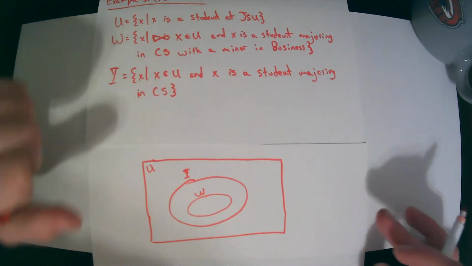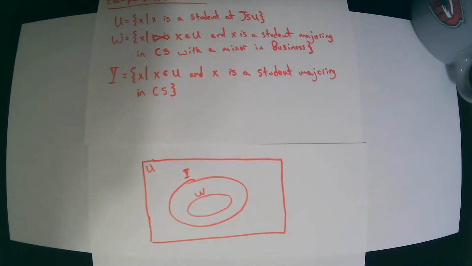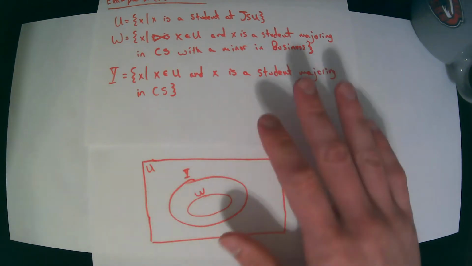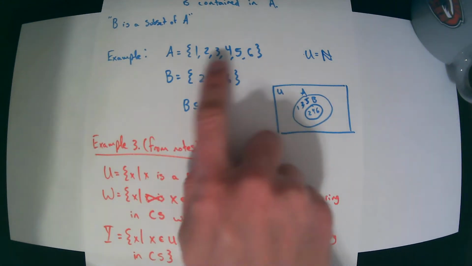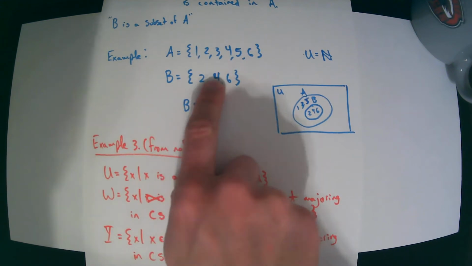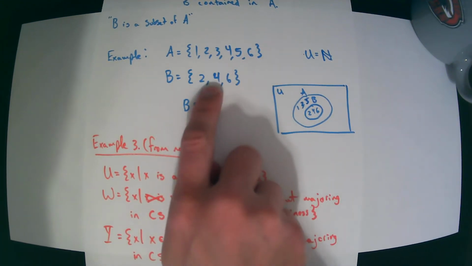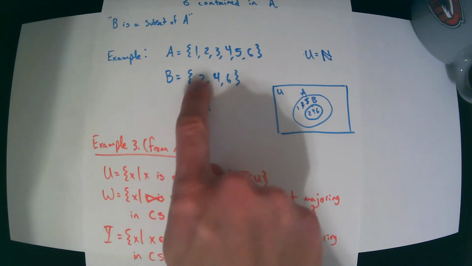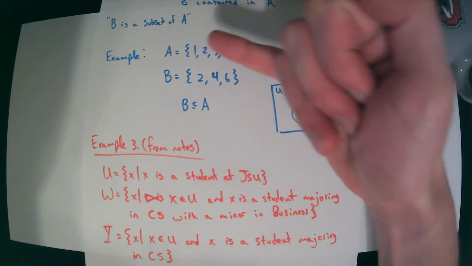So when you've got sets that aren't dealing with numbers or letters, like something that's easy to write down in roster notation, you've got to think a little bit more abstractly, step back from the problem. Whereas with this little example here, I could literally list the elements of the set out, and I can see, oh look, the 2 is inside A, the 4 is inside A, the 6 is inside A, so clearly this is a subset of this, because I can actually see it happening.